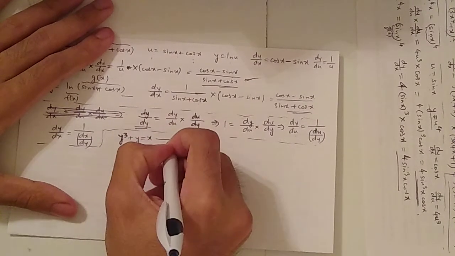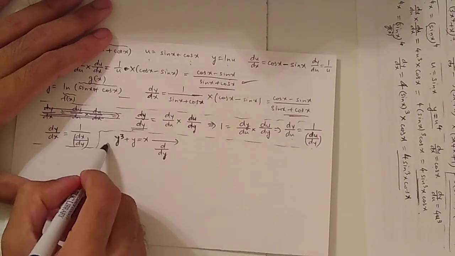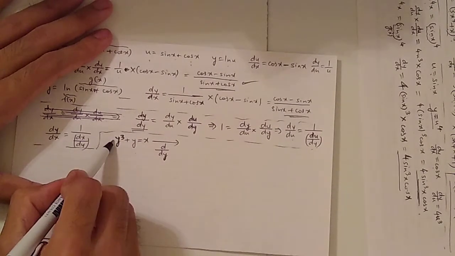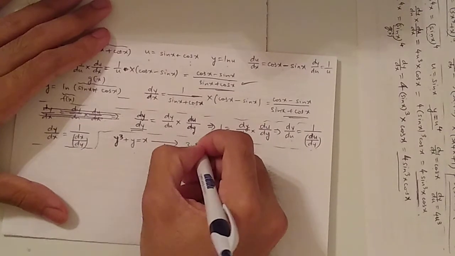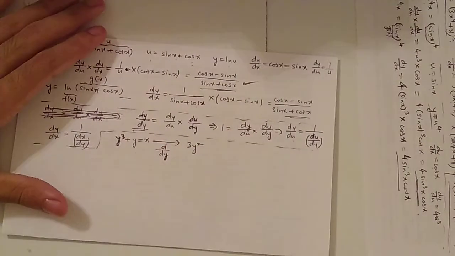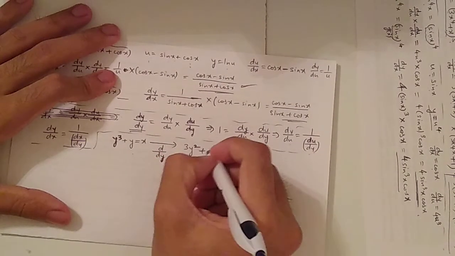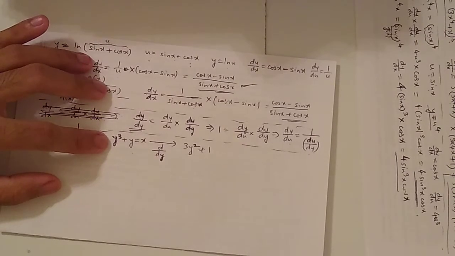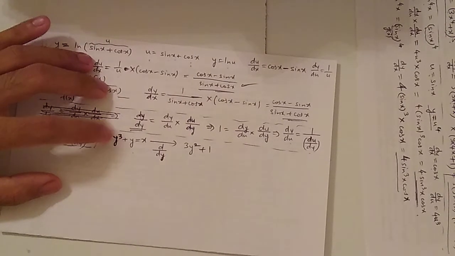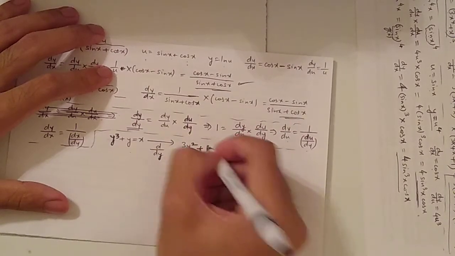If we differentiate both sides with respect to y, the derivative of y cube with respect to y is going to be 3y squared, plus the derivative of y, which is simply 1 with respect to y.